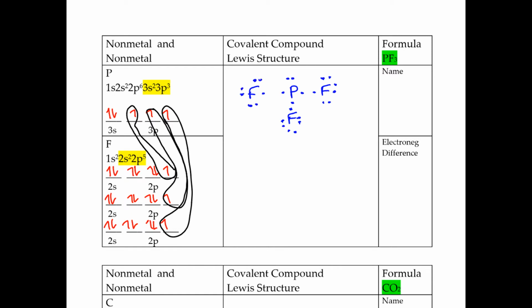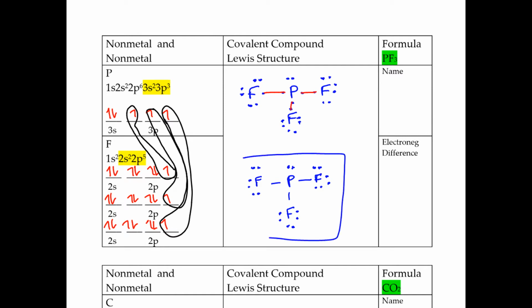And we're going to share with the single electrons like that. And technically, again, you're really not supposed to show those dots in the lines when you're done. So we just redraw it neatly like this. And here is our final structure of PF3.